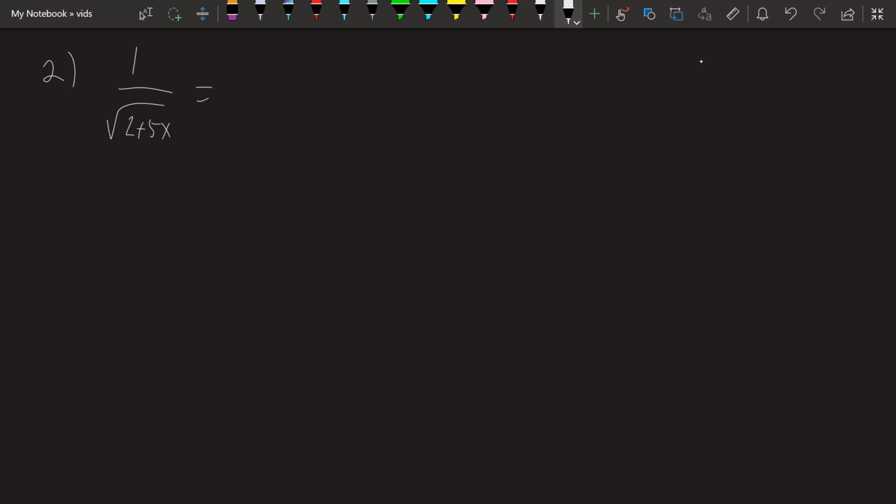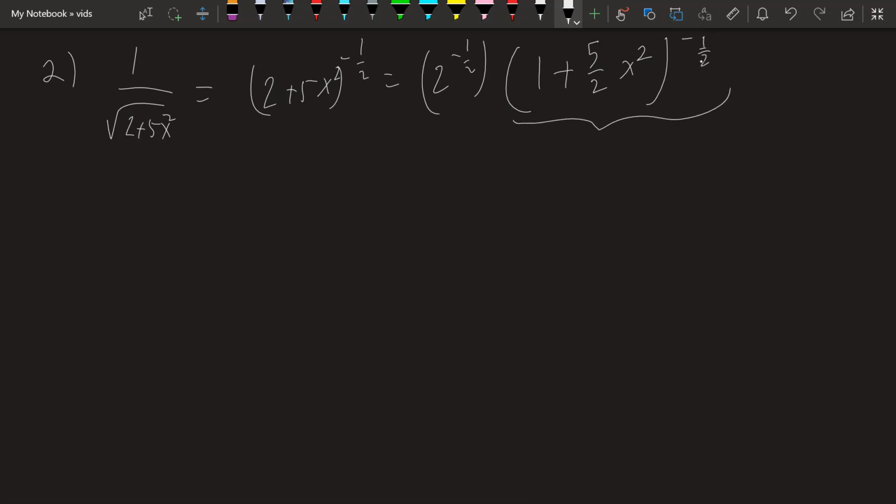This can be rewritten as 2 plus 5x squared raised to the power of minus half. And of course, we can evaluate 2 to the power of minus half. We can evaluate this using the binomial theorem. If you read the question, they're telling you to evaluate it up until the 4th term, so when n equals 3.